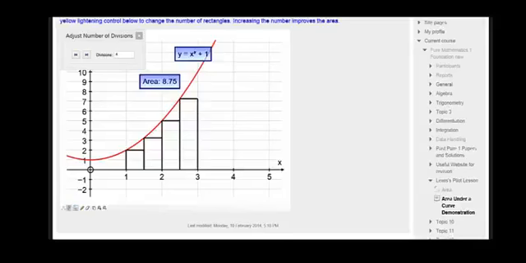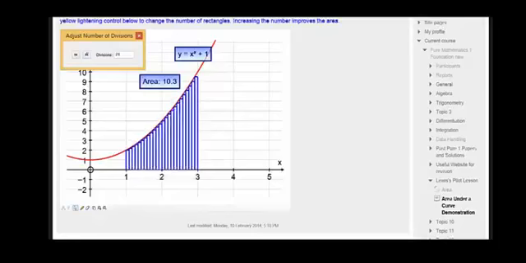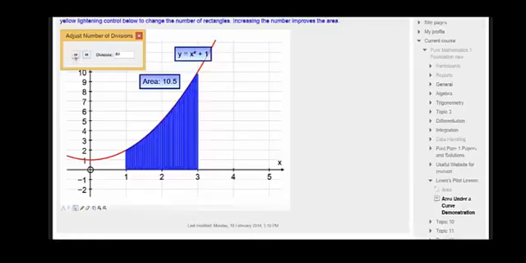Then if you click on that, this box appears, and then you can change the number of rectangles, number of strips. You can see how the more strips you have, the better is the approximation.